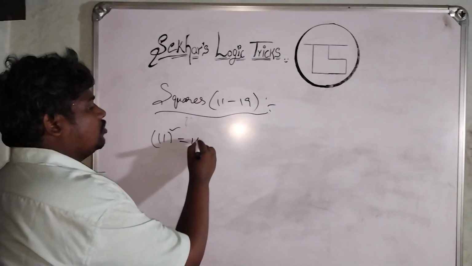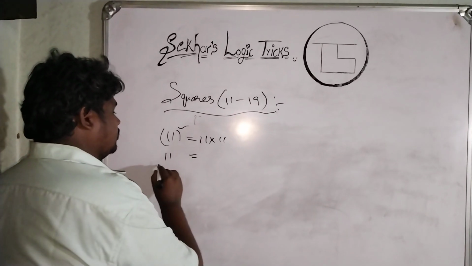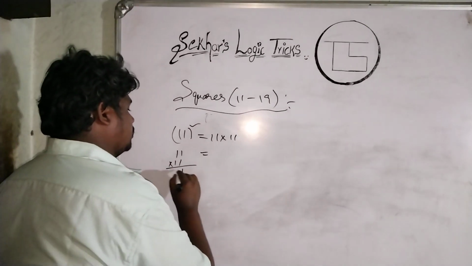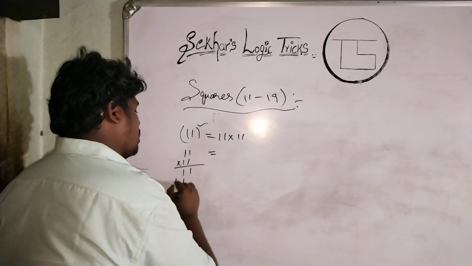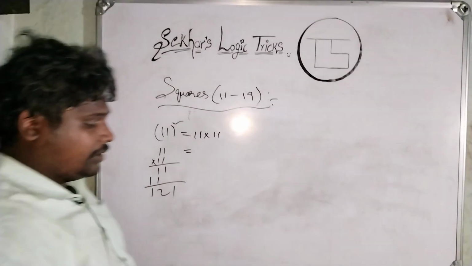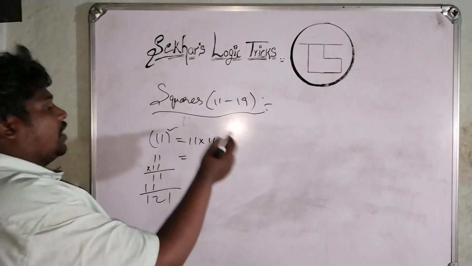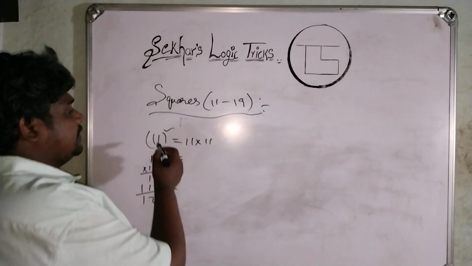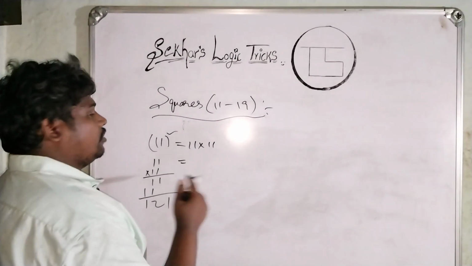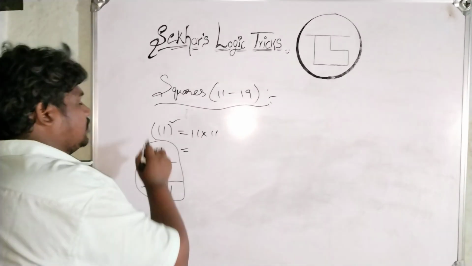Generally, 11 square is equal to 11 into 11, and the answer is 121. Without doing that many steps, in Vedic maths we have a single step for finding the squares.